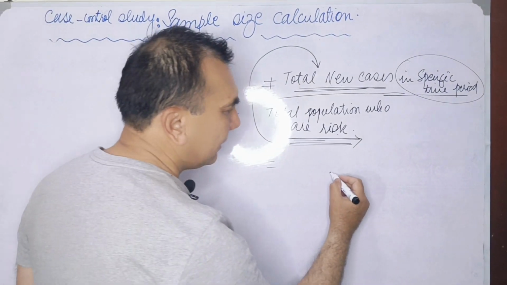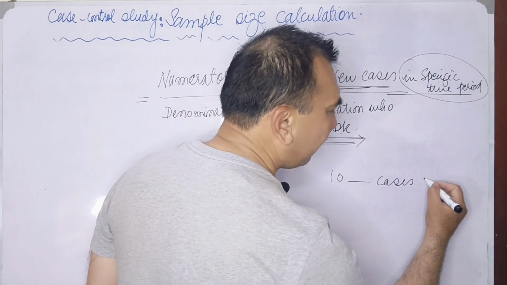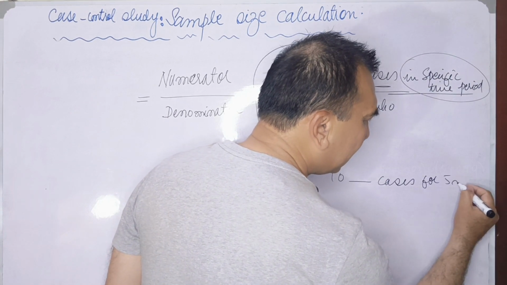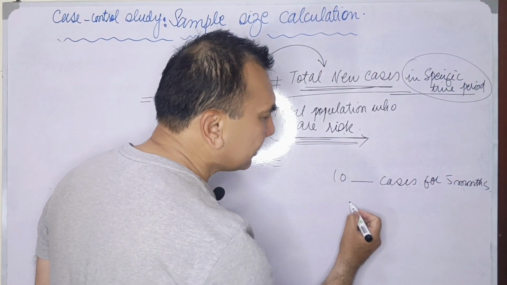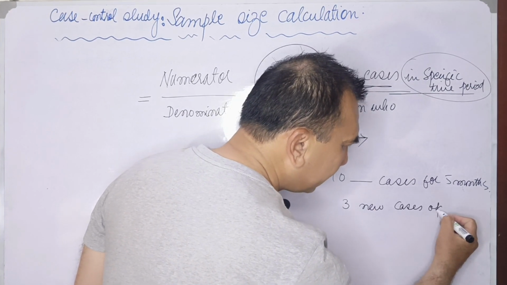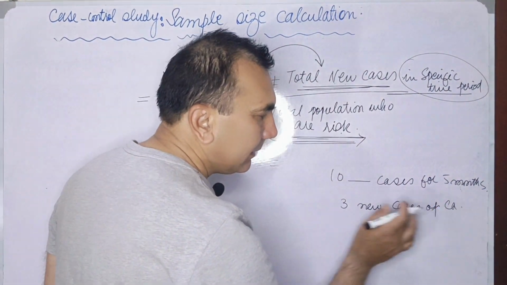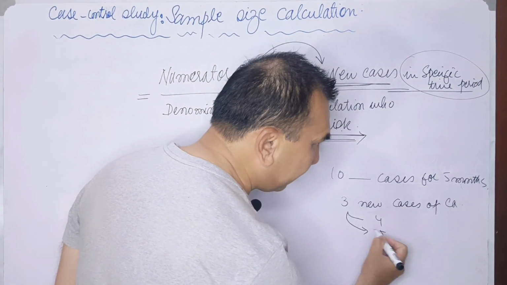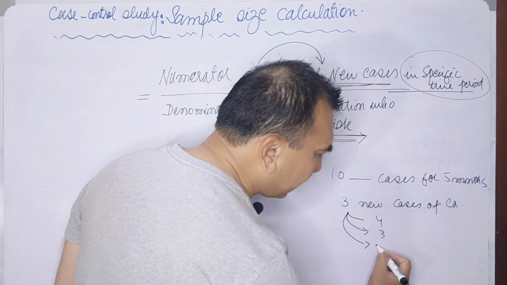Suppose you follow 10 people for 5 months, and in those 5 months 3 new cases of, suppose, cancer develop. Of the 3 new cases, maybe one develops in the 4th month, the second in the 5th month, and maybe the third in the 2nd month.